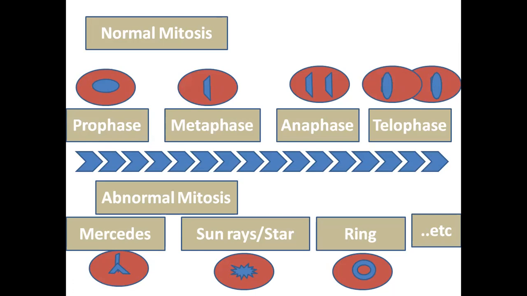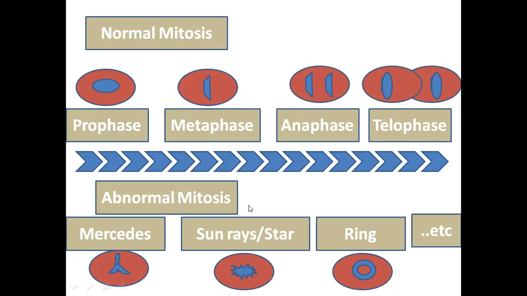But in malignant tumors, we see a high rate of mitotic figures. We can get many metaphases, many anaphases, many telophases, because frequent presence of mitosis reflects high growth rate. So in malignant tumors, we see under the microscope many mitotic figures.